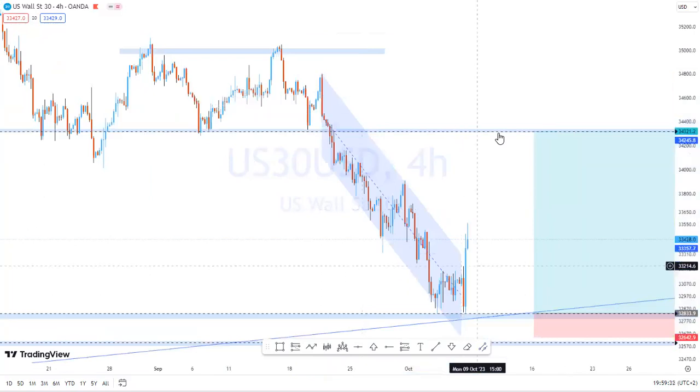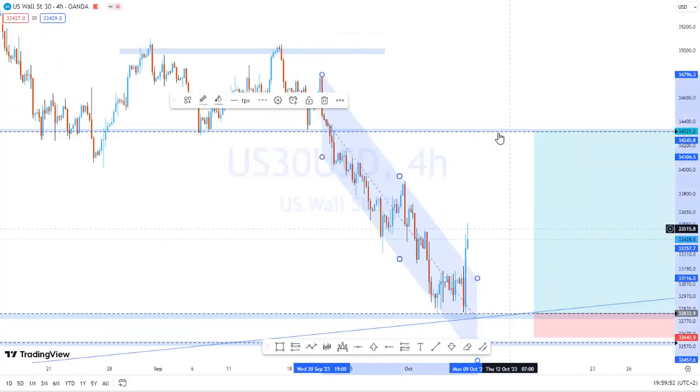This falling channel, if it's broken, obviously no other way, we have to buy. And once the market comes in, you're going to sell very hard. I'm telling you as your mentor that once the market touches the zone, you need to sell. So guys, let's move on to Nasdaq.